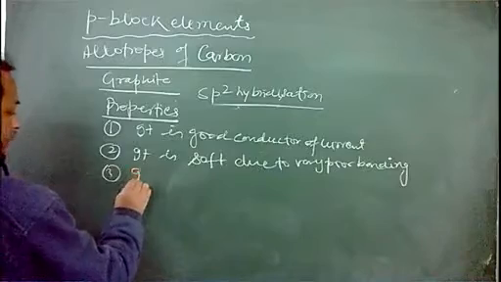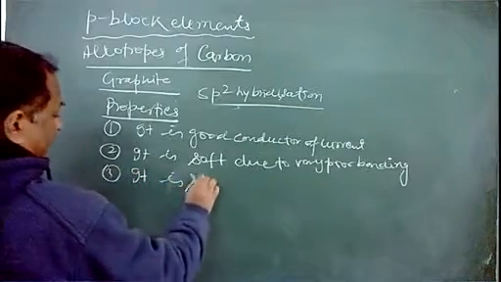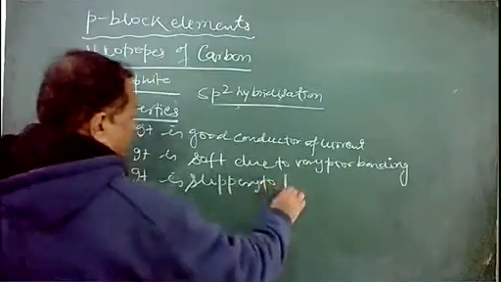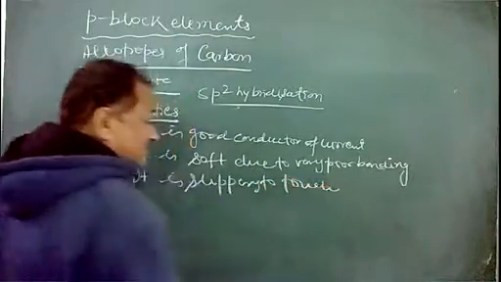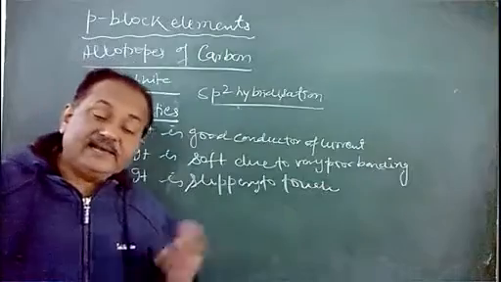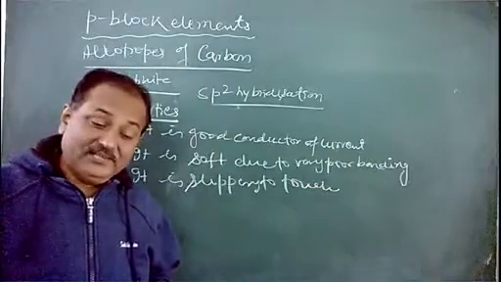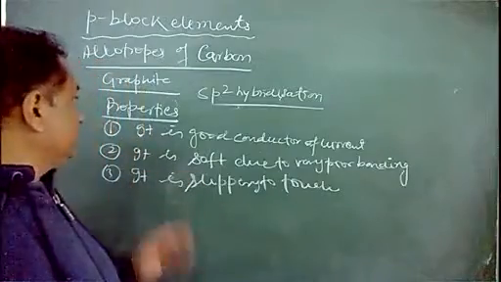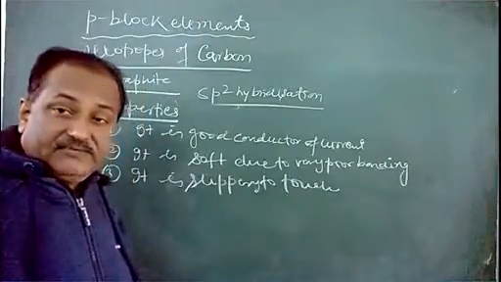It is slippery to touch. Why is it slippery to touch? Because layers can slide over each other, and so it is slippery to touch. And so this is about the graphite.